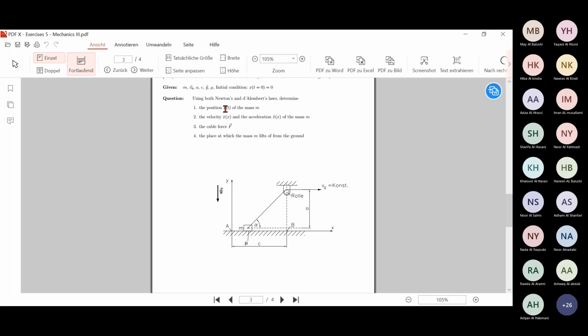That means if we use Newton and D'Alembert, it's only to determine the forces. We see that it also depends on the position.